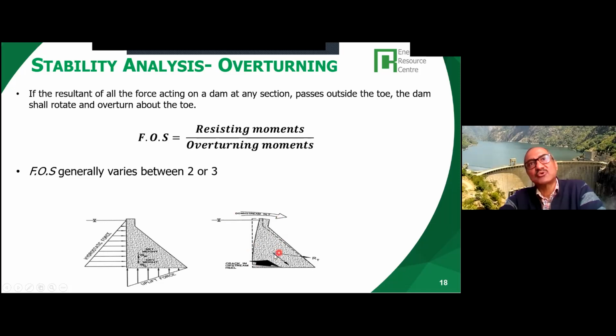So you have to calculate this, and you get the ratio between resisting moment and overturning moment, and the factor of safety is the resisting moment should be 2 or 3 times more than the overturning moment. You know the loads, you know the forces acting, so you can calculate the moments here.